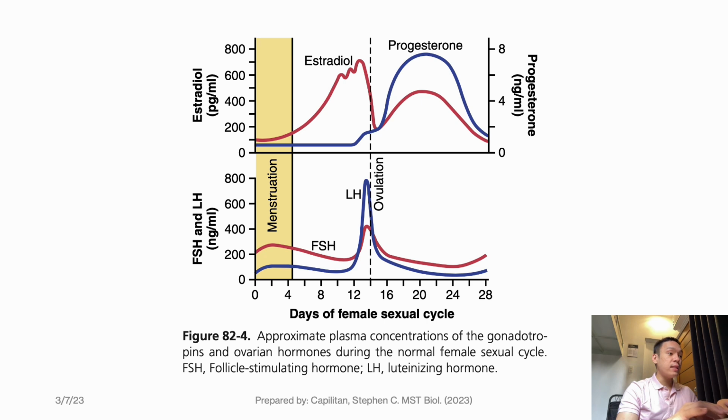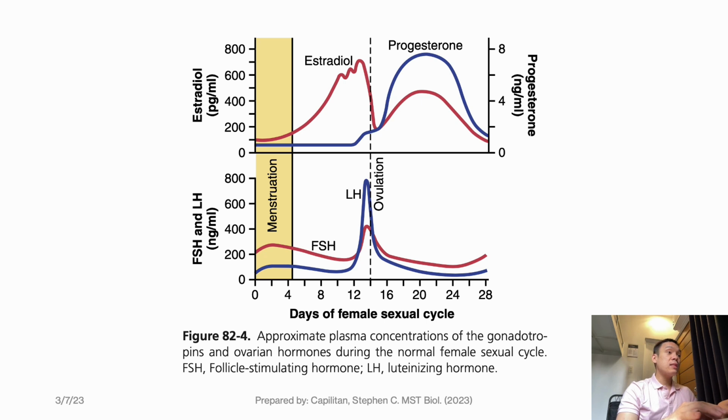We have here the FSH and LH. If you notice, the estradiol will be increased before ovulation, and then it will decrease after ovulation and increase slightly right after the ovulation. In comparison, the progesterone has the opposite effect: the progesterone will just increase right after the ovulation phase.